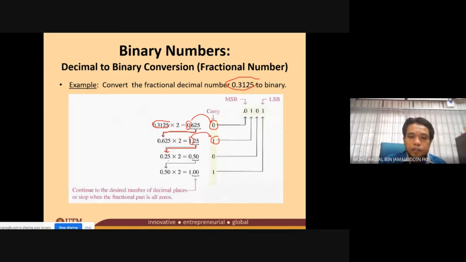Okay. Because this one value, you already take carry, so it only left 0.25. So you multiply again with 2 and you get 0.5. So then this 0, you bring it here. And again, 0.5, you bring it down, you multiply by 2, and you get 1.00. And this one, you bring it here.